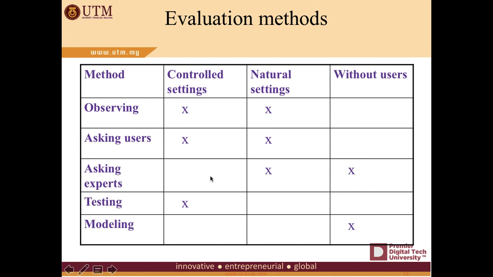But for the whole project of evaluation, you can make a combination between control setting, natural setting, or without user. Okay, testing normally is in control setting, and modeling will normally be based on predictive analysis. But somehow modeling also has a close connection with control setting and also natural setting.